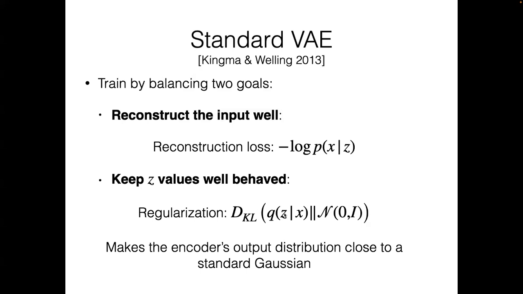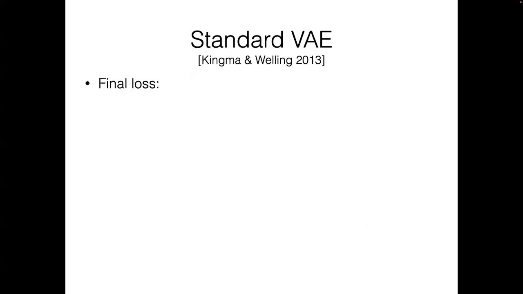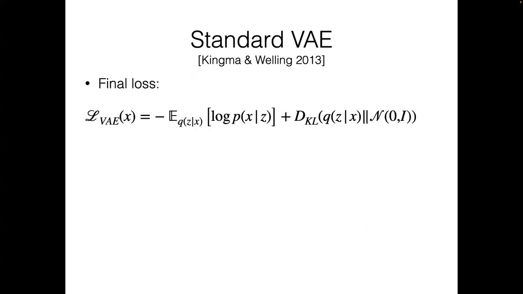Again, this has the effect of constraining the latent space to stay close to this standard Gaussian. So in the end, you get this loss here, and it has these two different parts. In expectation over the latent variables produced by the encoder, you want to be able to reconstruct things, and then you have this constraint term.